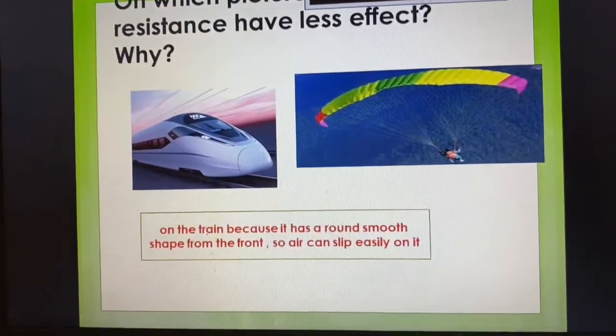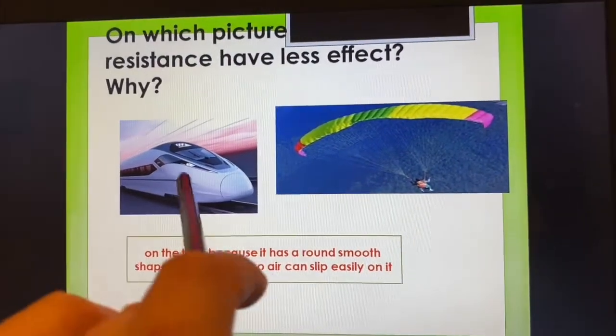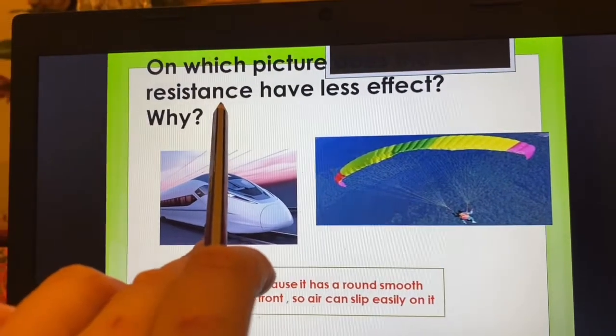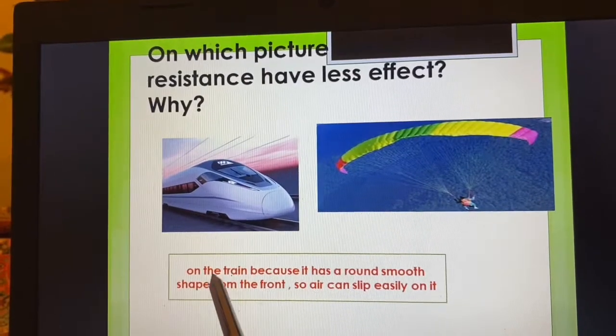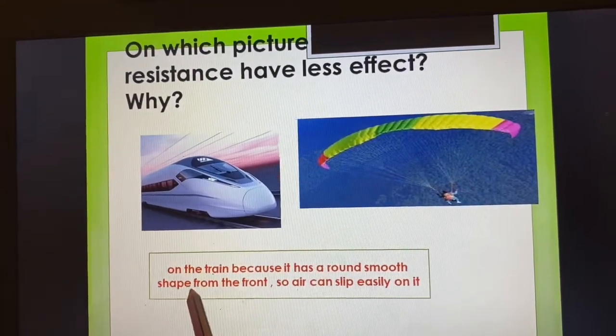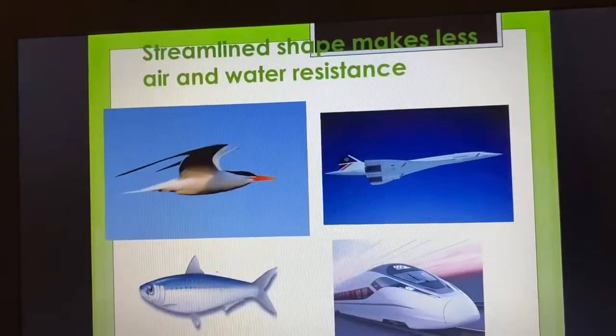Look here. On which picture does the air resistance have less effect? طبعا on the train, because it has a round smooth shape from the front, so air can slip easily.